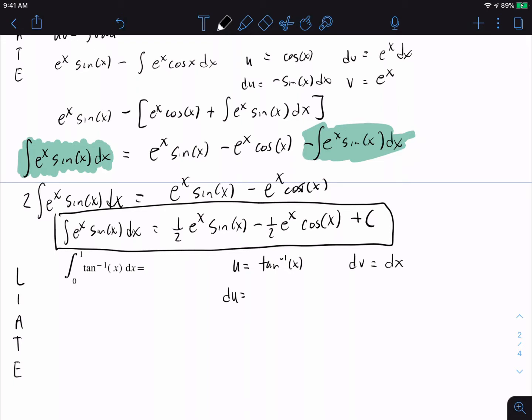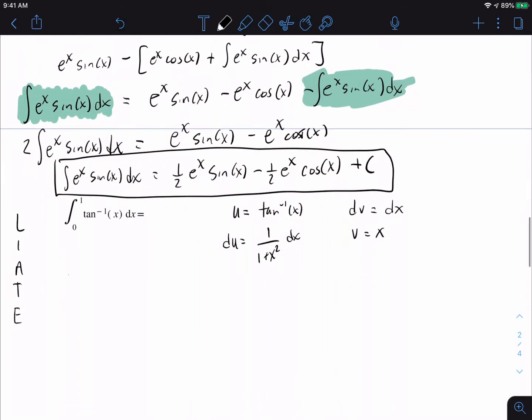Like Aaron said earlier, crickets. Is it 1 over 1 plus x squared? That's it. 1 over 1 plus x squared is the derivative, and then v is going to be x.